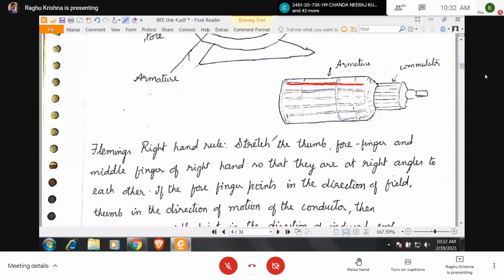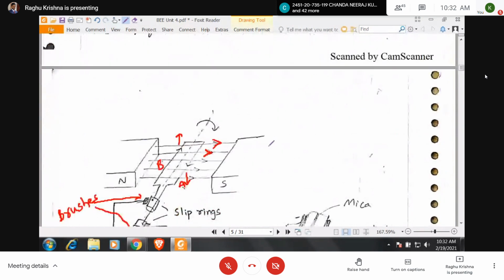Let us see here. I will explain. Here, you have to stretch the thumb. First, let us draw three perpendicular lines. Three perpendicular lines.